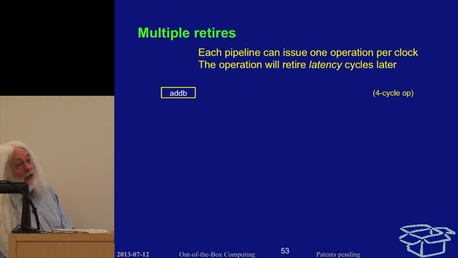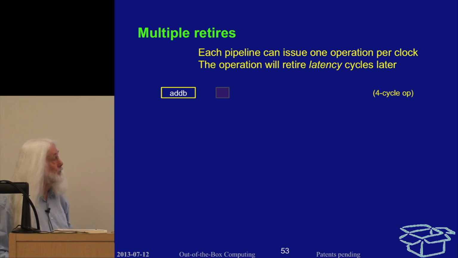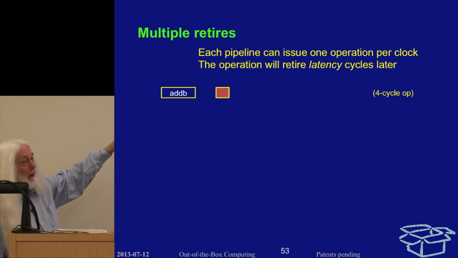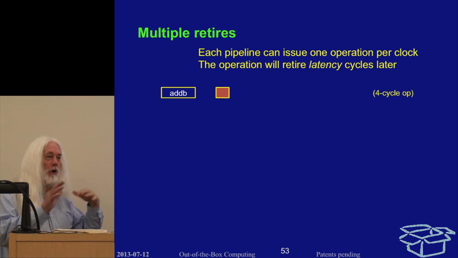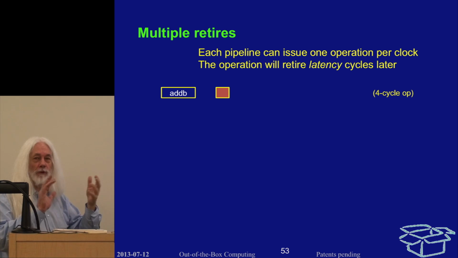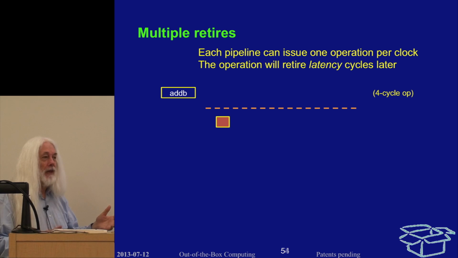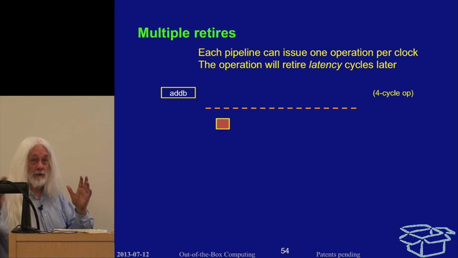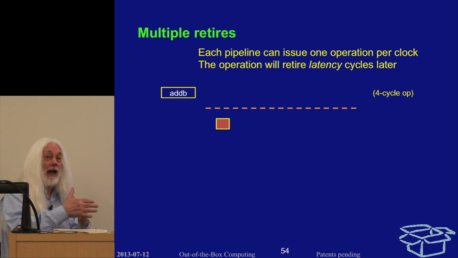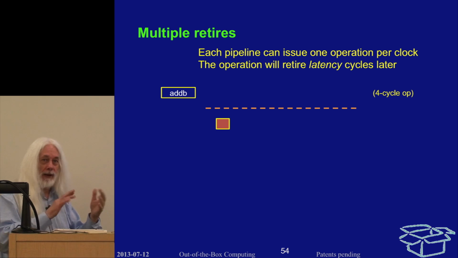Now add B, that's a binary floating point add. It's a 4-cycle op. And that little brick-colored thing there is the partial internal state inside the floating point add unit. It's working its way down the floating point pipeline within that unit. It's not mucking with anybody else's unit, which is also in that pipeline.